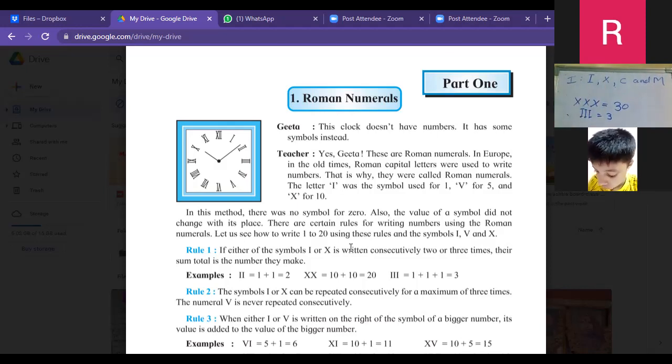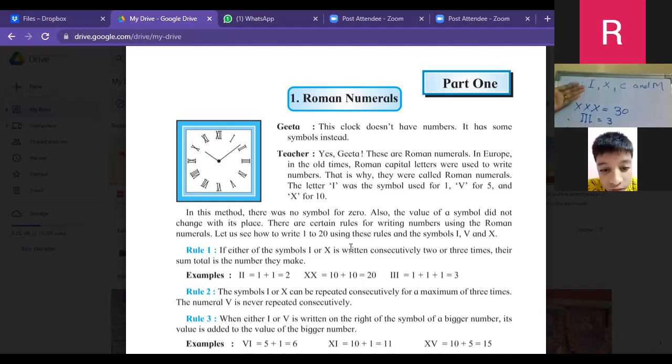Secondly, what is left afterwards? V, L, D. V, L, D do not repeat. V means what? 5. L means 50 and D means 500, right? So V, L, D can't be repeated. What can we repeat?